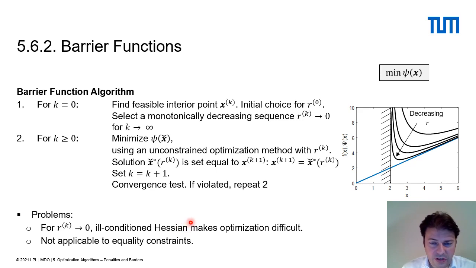The disadvantage of this method is that for very small r values, your Hessian may become ill-conditioned, and you can tell this by looking at the graph. What's happening is that your new objective function will become steeper and steeper in this region, and gradients may become larger and larger, and this may make your problem ill-conditioned.